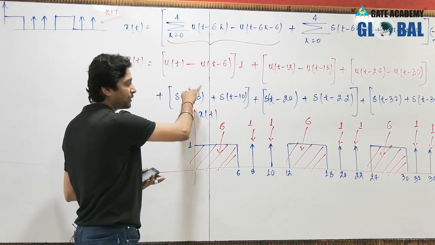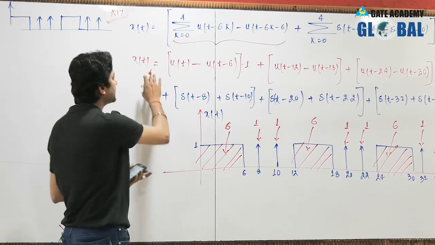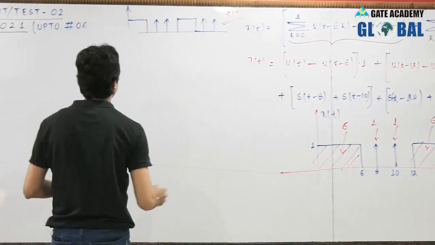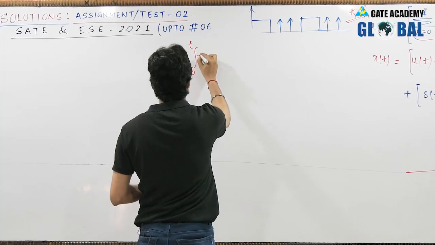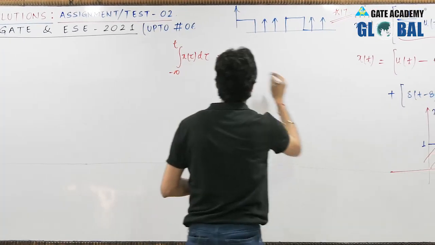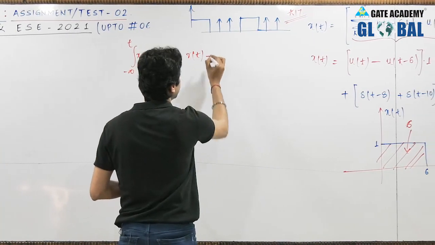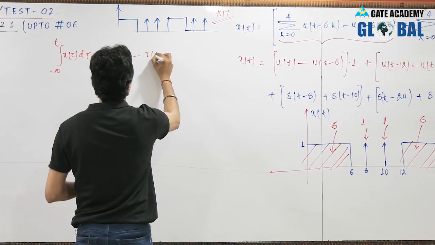So what are the other methods if you want to find the integration of this signal from minus infinity to t? From the given result you can write integration from minus infinity to t of x of tau d tau. It is equal to the integration of u of t, which gives r of t, minus the integration of u of t minus 6, which gives r of t minus 6.